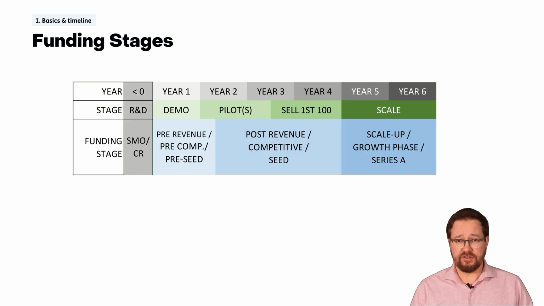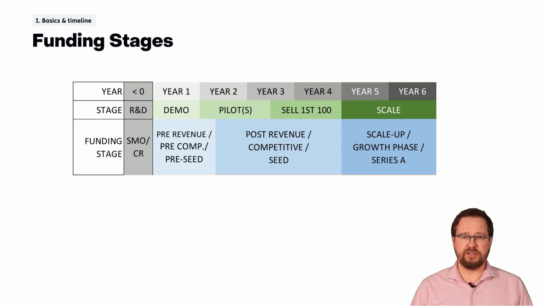Once you've identified the different stages that your company needs to go through, you can determine the type of funding required for each stage. It's important to keep in mind that each stage may require a different type of investor. In the early years of your company, there are typically 3 stages: pre-seed, seed, Series A. The pre-seed stage is when your company has no income, the seed stage is when your company has some income, the Series A stage is when your product generates the first revenues and you need to scale up.